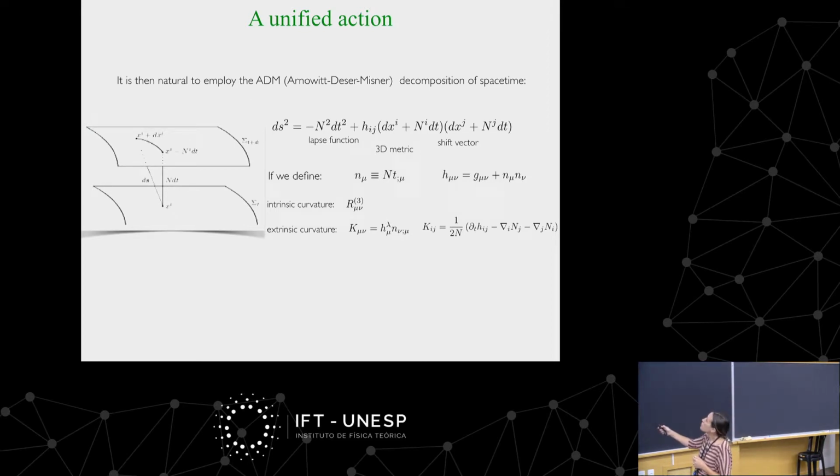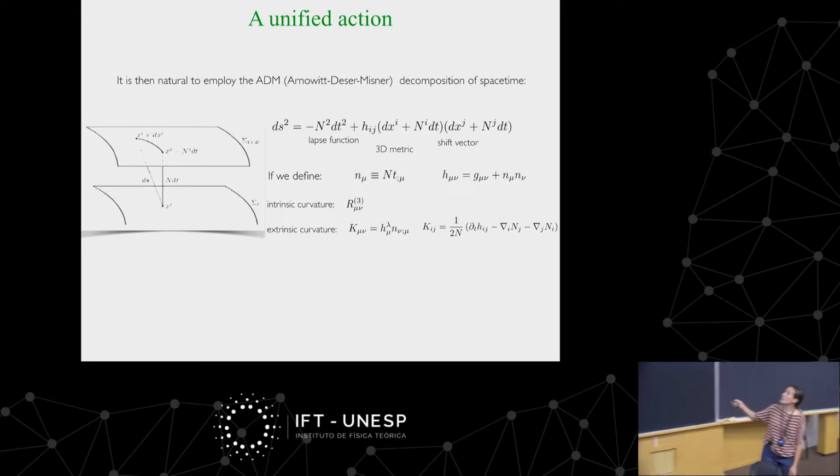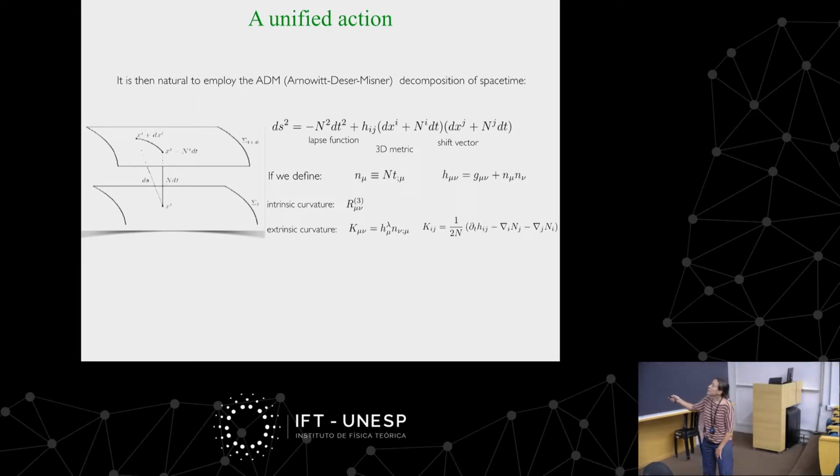So you will introduce a lapse function that tells you basically how you progress in time with these different hypersurfaces, and the shift vector, which tells you about the anisotropy in going from one hypersurface to another. Of course, we start from a four-dimensional metric, but I can always look at the one characterizing my spatial hypersurfaces, h mu nu, which is the projection of my metric on these spatial hypersurfaces.